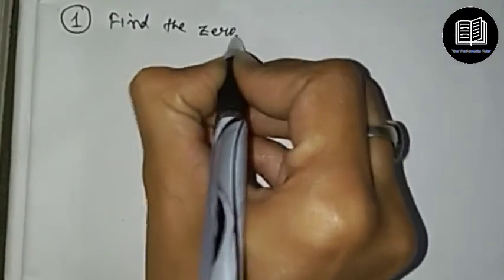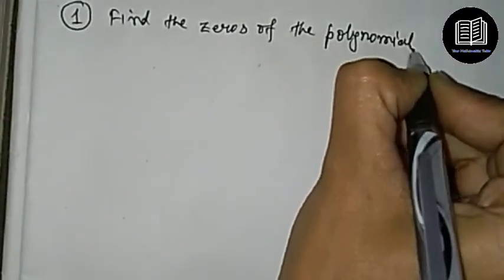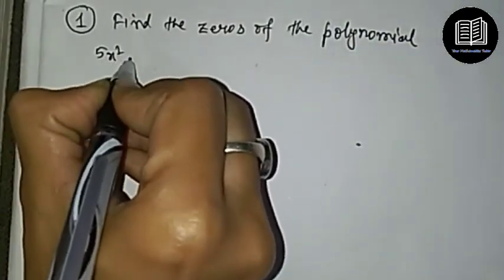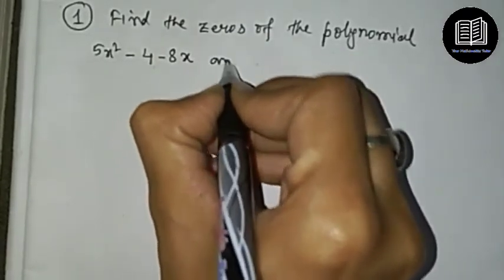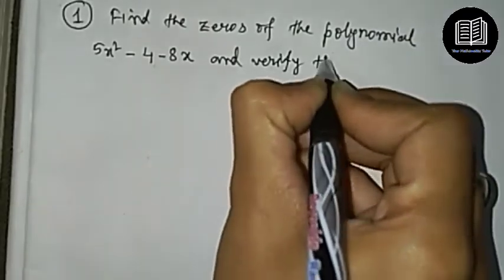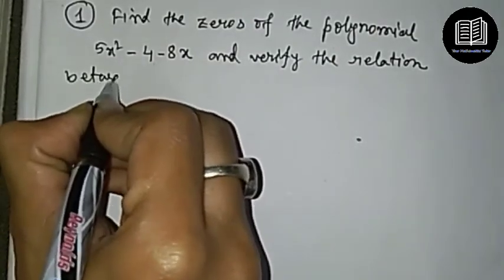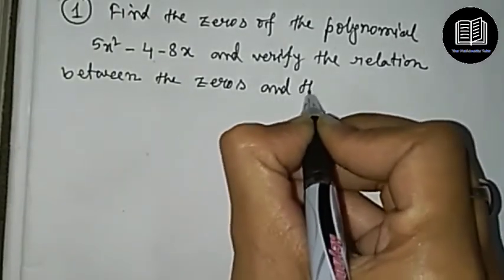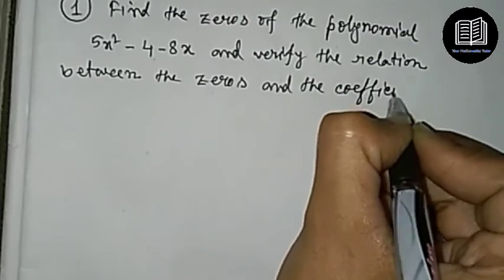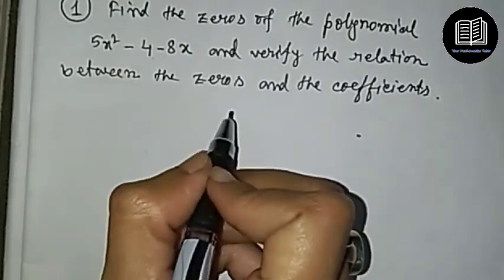Find the zeros of the polynomial 5x square minus 4 minus 8x and verify the relation between the zeros and the coefficients. This is the same as the first problem, so do it yourself.